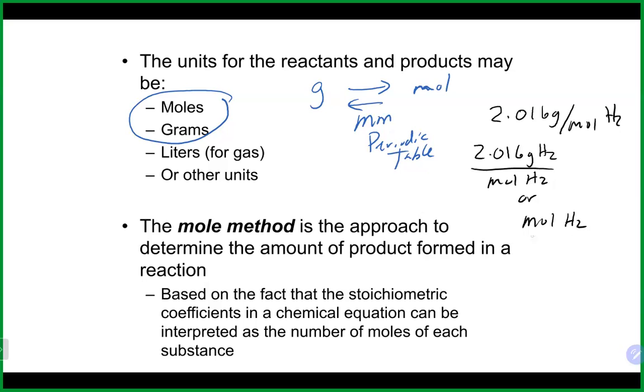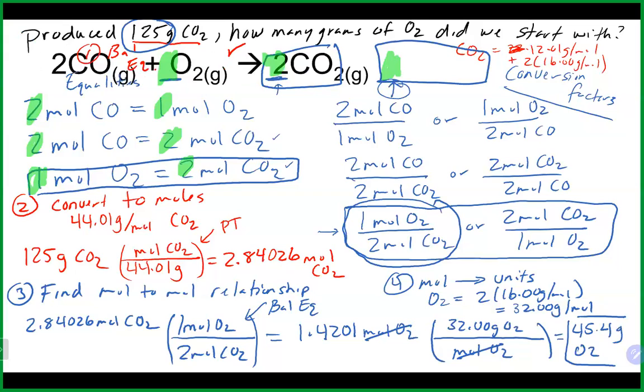So it comes from the periodic table and the molar mass, and we use it as a conversion factor, similar to what we did a little earlier on in the chapter. Other questions? All right.